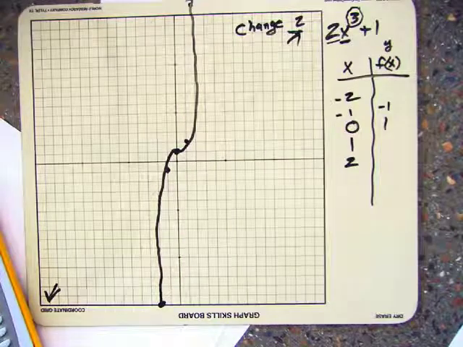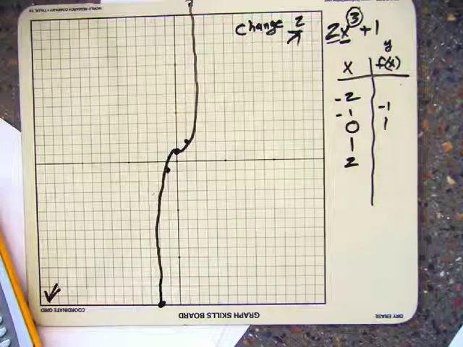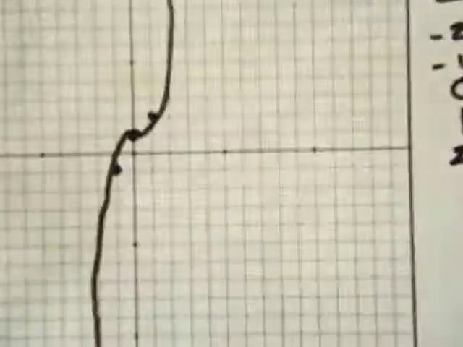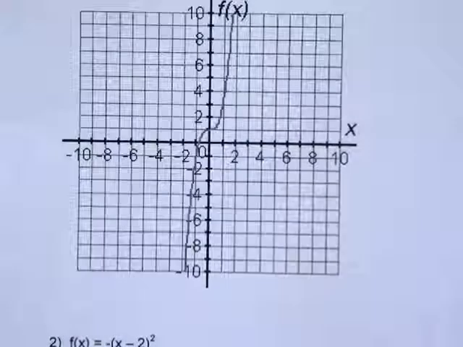Now the actual graph looks a little neater than that, but I don't care so much. It doesn't need to be perfect, but if you look at that, that's the actual graph of that function.